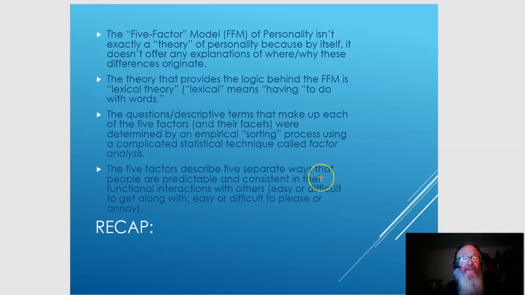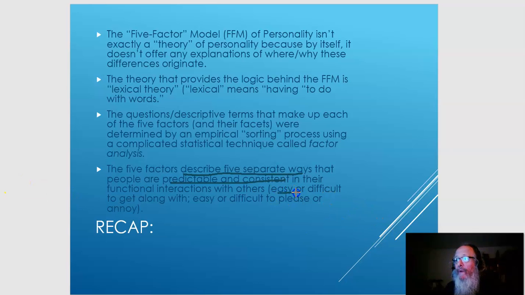In terms of the functional usefulness of the five-factor model, it's hard for me to stop saying five-factor theory, even though I'm telling you it's a model, not a theory. They describe in general 5 separate ways that people are predictable and consistent in their functional interactions with others.